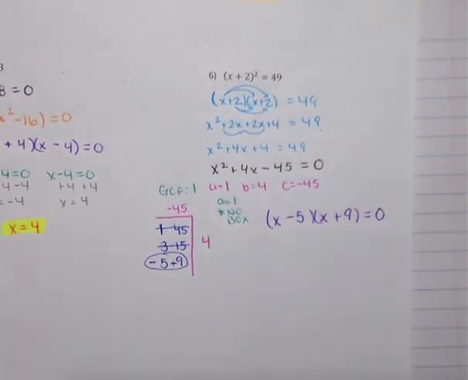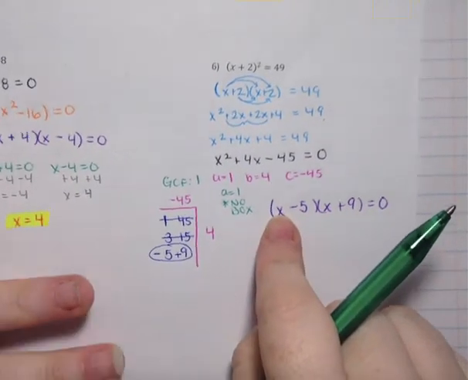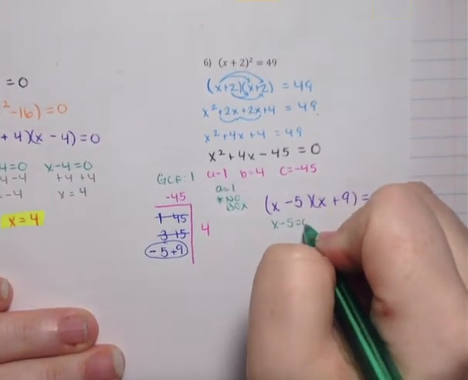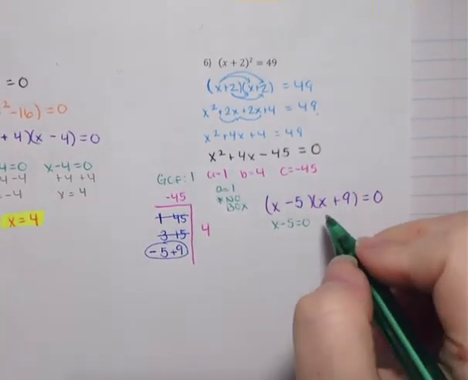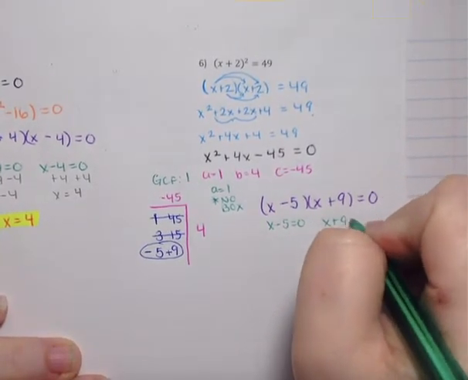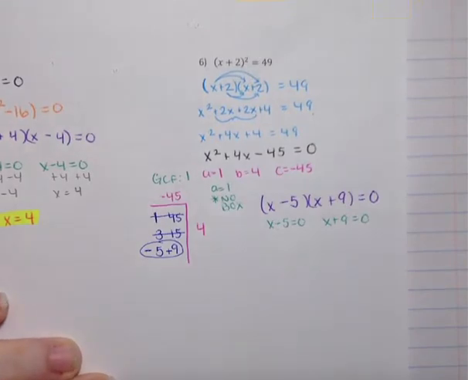We have factored it, so now we must solve it. Each expression that has a variable, we set equal to 0. Our first expression is x minus 5, has a variable, so x minus 5 is equal to 0. The next expression, x plus 9, has a variable, set it equal to 0. X plus 9 equals 0. Now we continue solving for the variable of x.